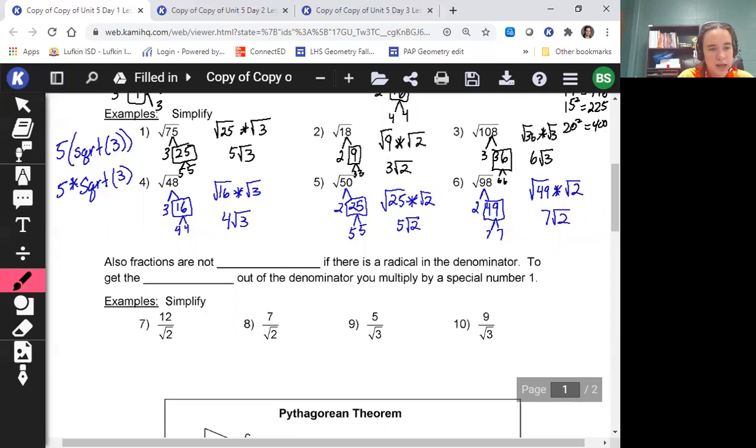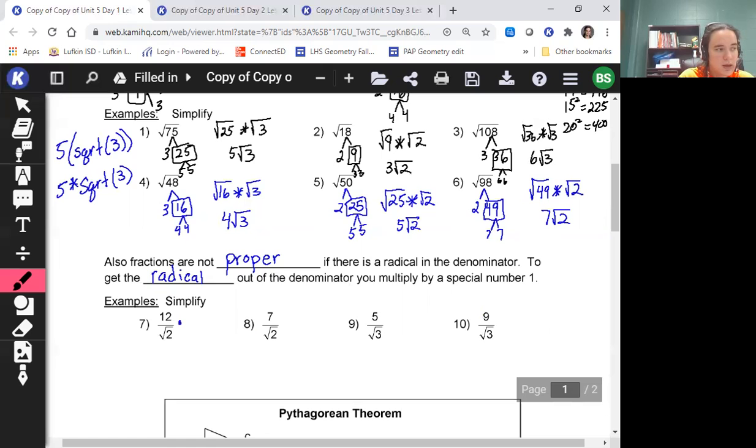So next up, we're looking at fractions, and fractions are not proper if there is a radical in the denominator. So if you have a square root in the denominator, we have to simplify it. So in order to get that radical out of the denominator, we have to multiply by a special number 1. And that special 1 is always going to be that radical in the top and the bottom, in the numerator and the denominator.